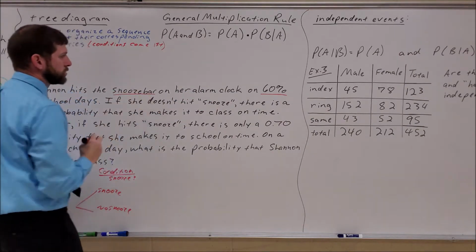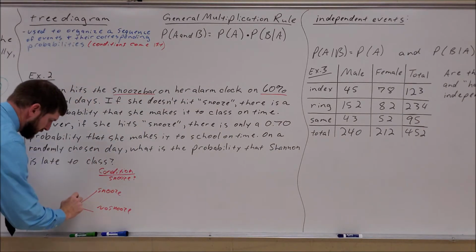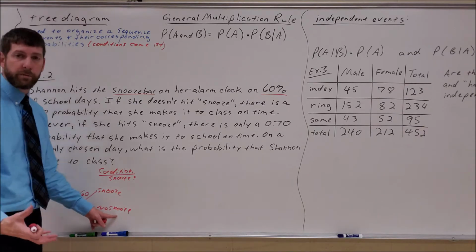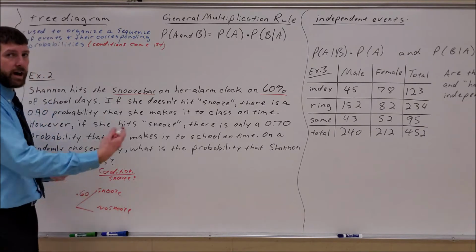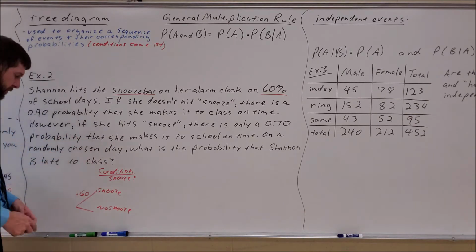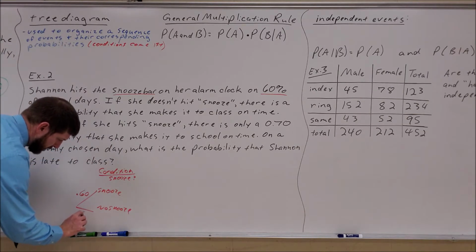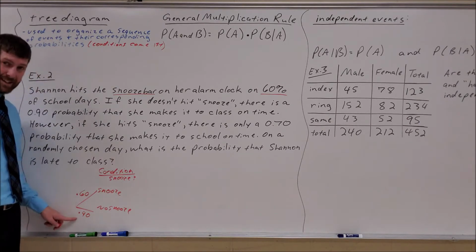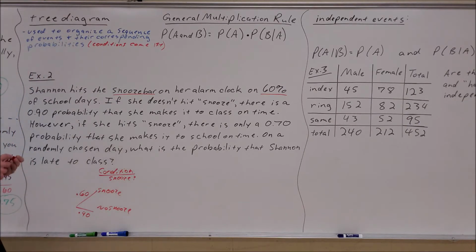So she snoozed on 60% of school days, so 0.60. That means she no snoozed, if we use our complement rule, the opposite or the rest of the probability, 40% of the time. So she hits her snooze bar 60% of days. She doesn't hit the snooze bar 40% of days.